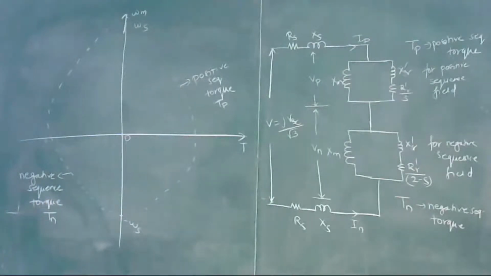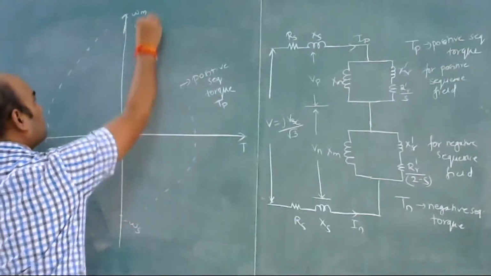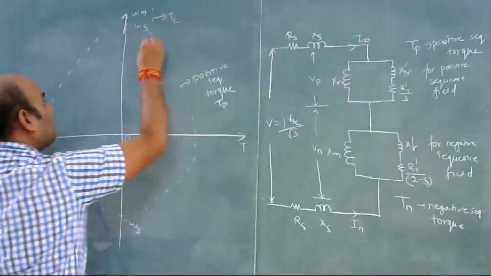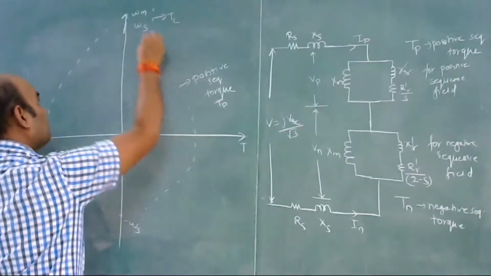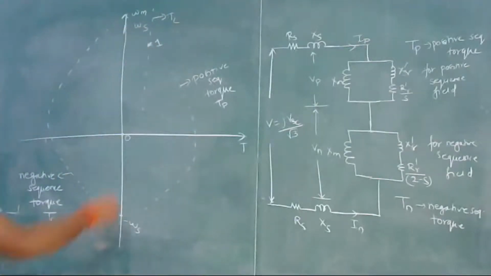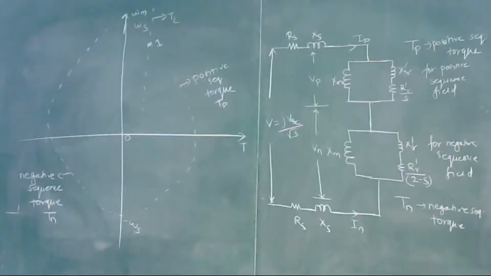This is your origin, and if a constant load torque T1 is taken, the intersection of this speed torque characteristic and the load torque is the operating point 1. The resultant of these two torques gives the net torque.